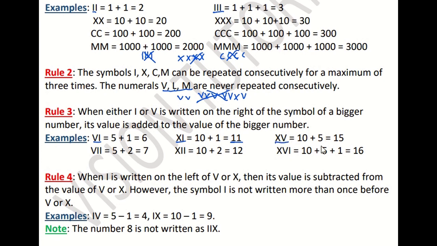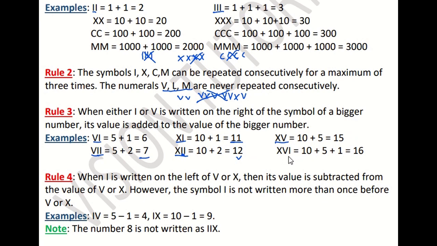Similar way, XV. V is written on the right side means 5 will get added to your 10. Okay. Here XV is equals to 15. Next symbol VII. See 2 times I. This will give you number 2. Okay. So since it is right side, it will give you the sum of 2 and 5, which is 7. So VII stands for 7. Same goes with 12. These two will get added to X and XII will give you 12.